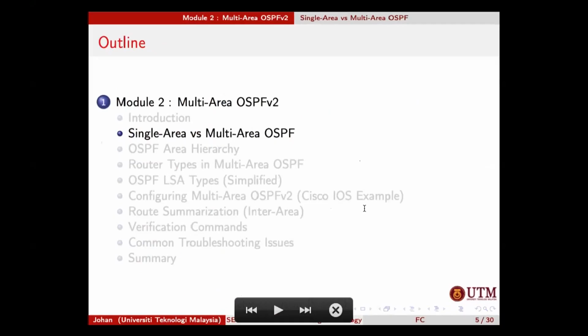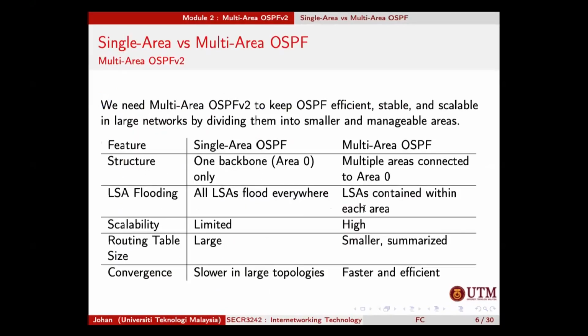Okay, single area versus multi-area. So we need multi-area OSPF to keep OSPF efficient, stable, and scalable. That's the purpose in large networks, by dividing them into smaller and also manageable areas.